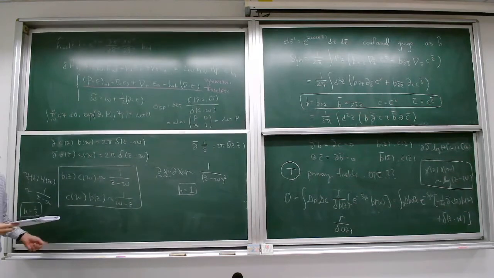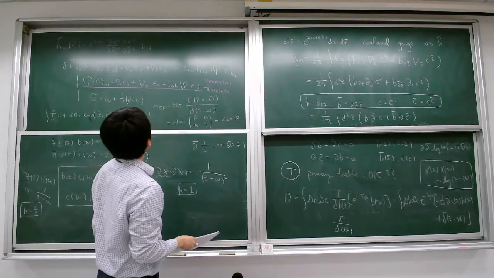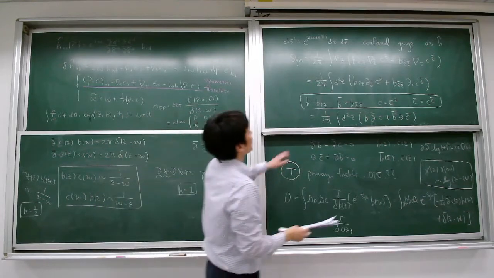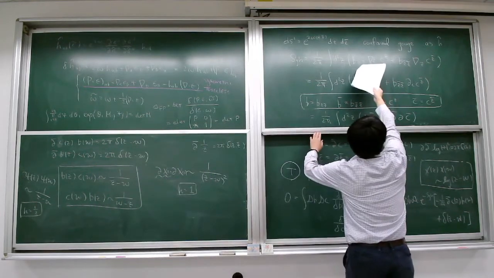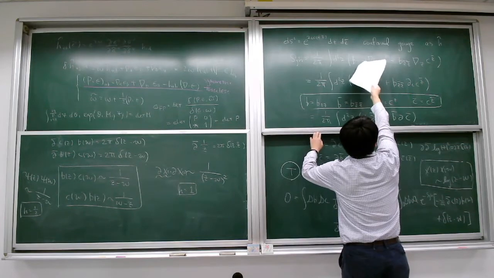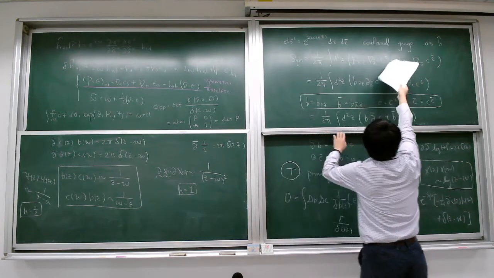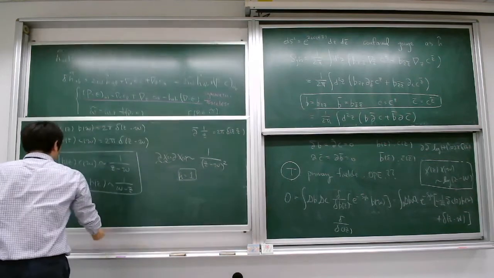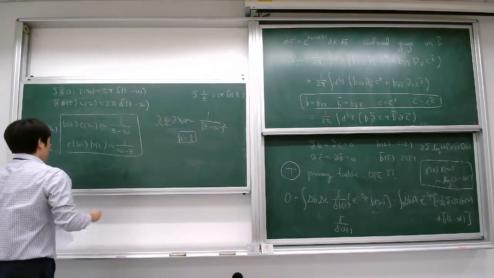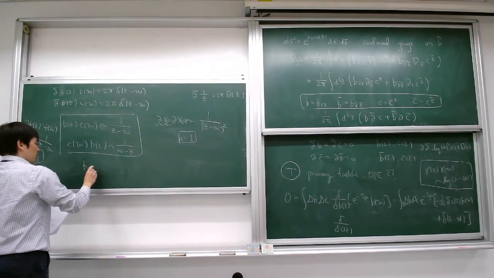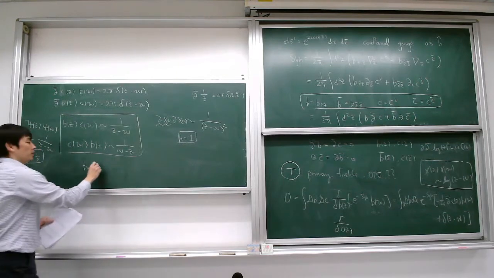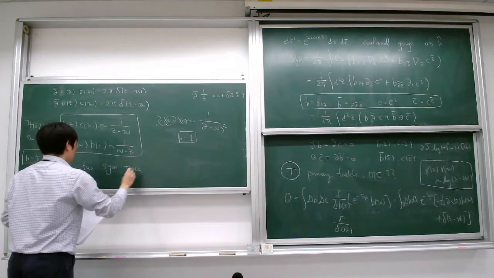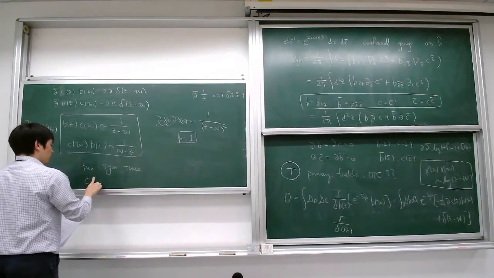Originally this is the symmetric traceless 2 tensor. It's a 2 tensor. This is a vector. That's why it's a bit different. So B is a symmetric traceless tensor, and C is just a vector.